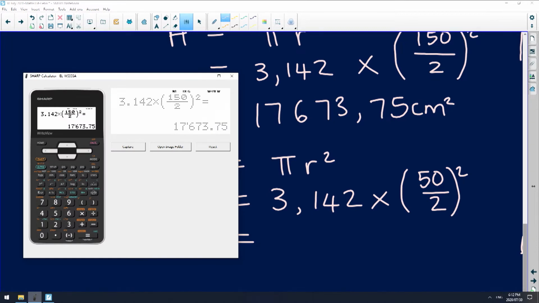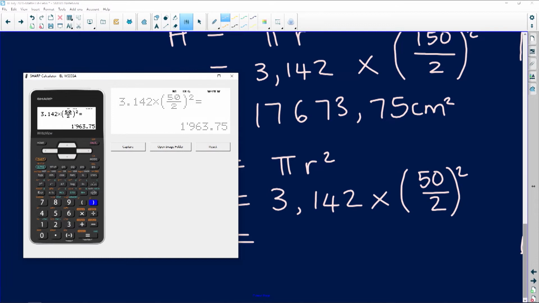I'm going to plug that into our beautiful calculator. 3.142 times 50 divided by 2 squared. And look at that.